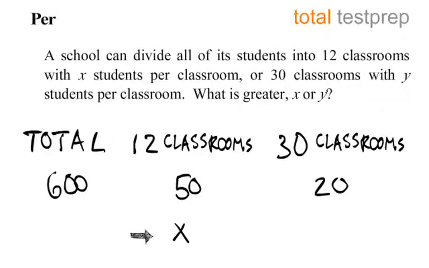Now, if we divide those 600 students into 30 classrooms, we're going to get 20 students per classroom, and that's Y. So it turns out that X is greater, and this makes intuitive sense, because if you take a number and you divide it into 12, you're going to get more per classroom, or more per person, or more per unit, because you're dividing by a smaller number than if you divide it by 30. If you're dividing 600 by 30 or anything by 30, it's going to be less than if you divide it by 12.